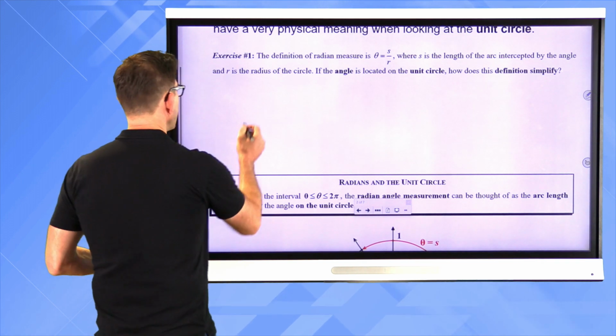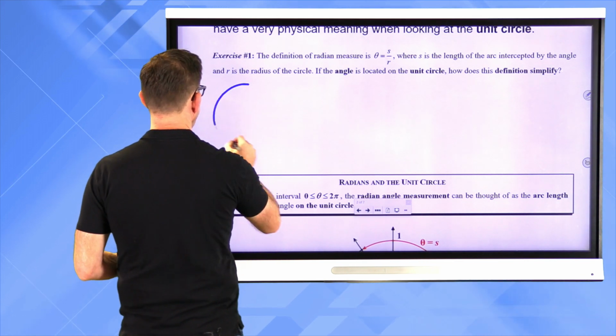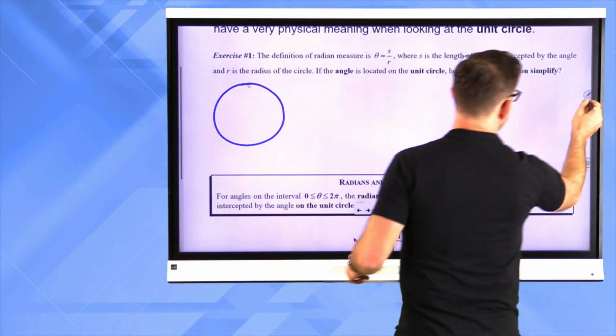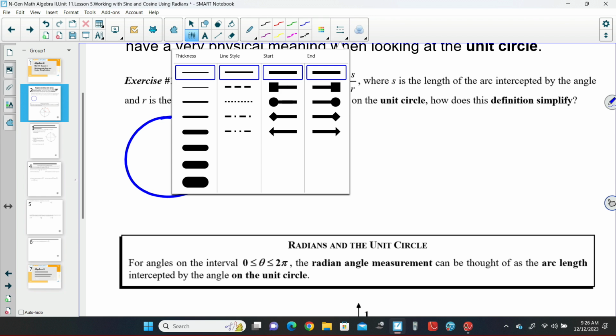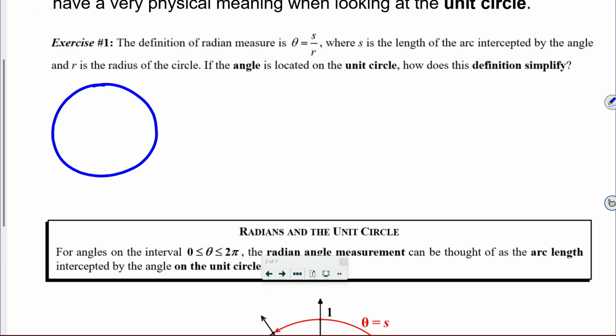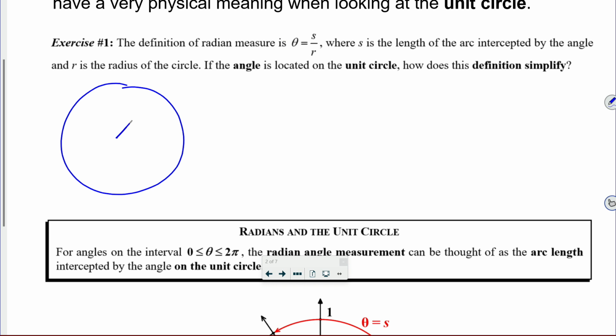The idea of a radian is that if you have some kind of circle, and we've got an angle located in the circle, whether it's the unit circle or not doesn't matter, and we've got theta and an arc length s and a radius r, then we define the radian angle as being the arc length divided by the radius of the circle.